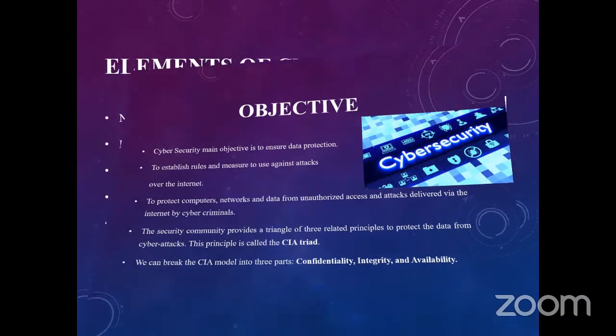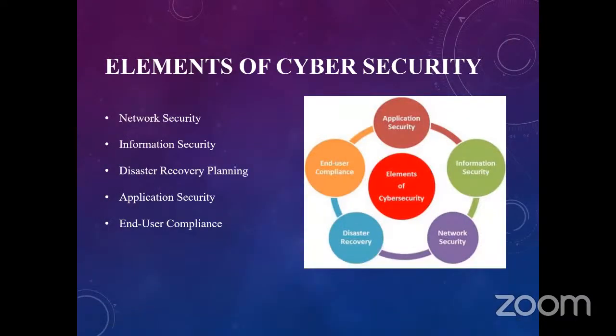Now let's go to the elements of cybersecurity. Network security and information security are key. Application security is the principal key, which adds security features inside applications. Information security, as we discussed, covers confidentiality, integrity, and availability.